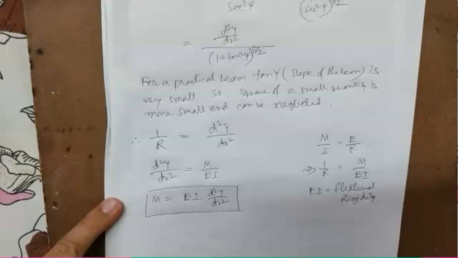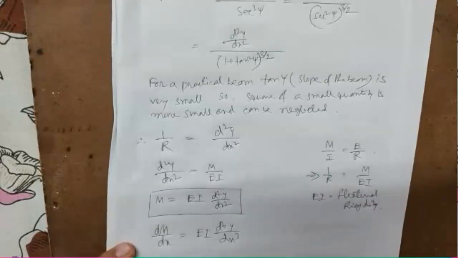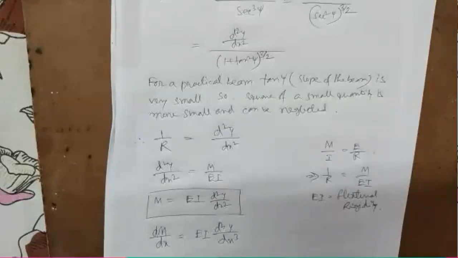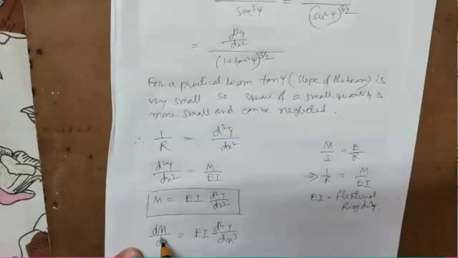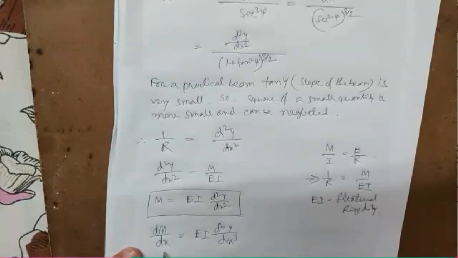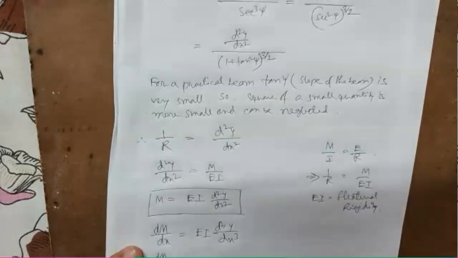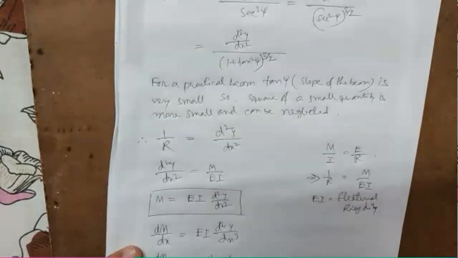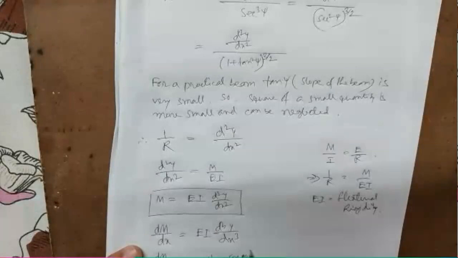Now if we take one more derivative of it, then we get dM dx is equal to EI, as EI is constant, d3y by dx3. So what is it? This dM is the moment. When we divide moment by length, then we get force. So dM dx is equal to F, which is the shear force.